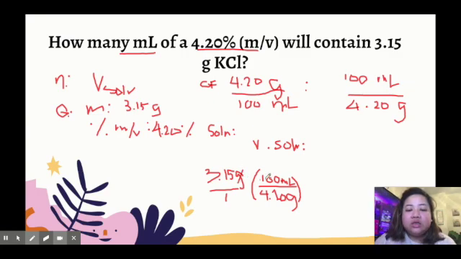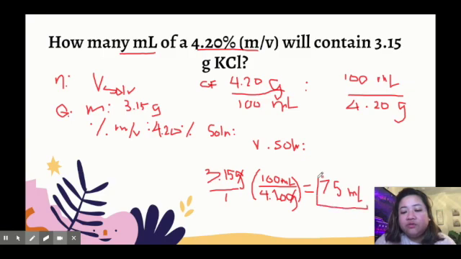So cancel grams. And then our solution will now be 3.15 times 100 divided by 4.20 grams. And that is 75 ml. So that is our volume of solvent. That's it.